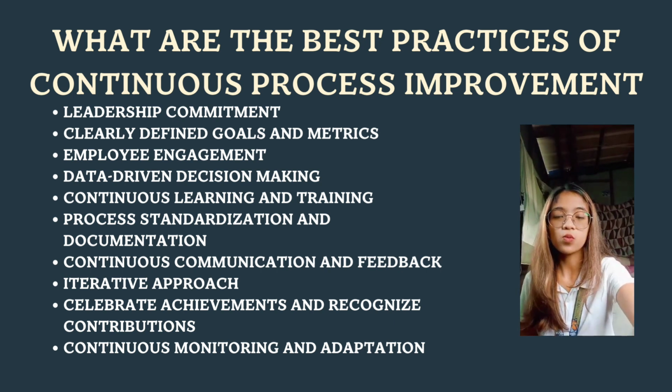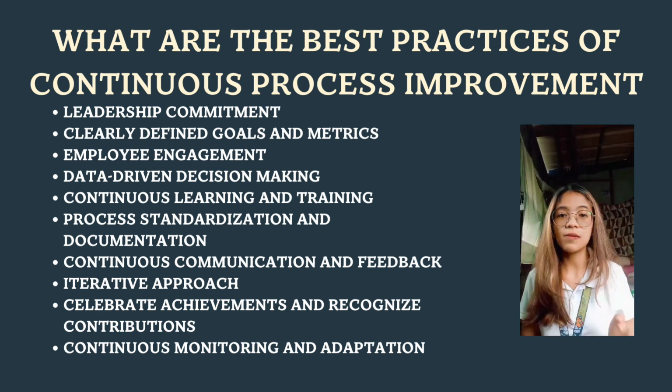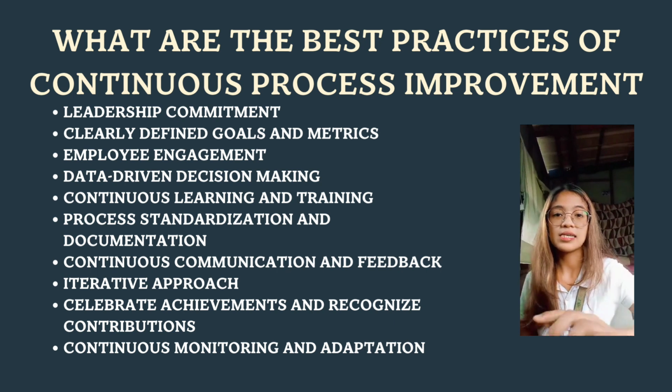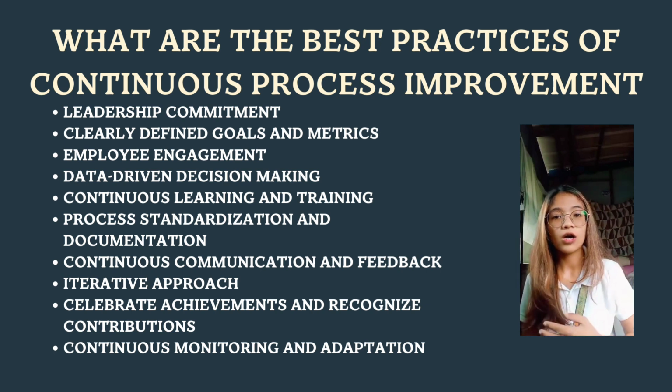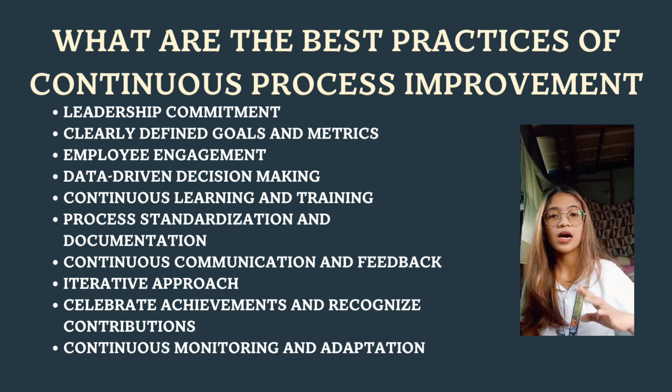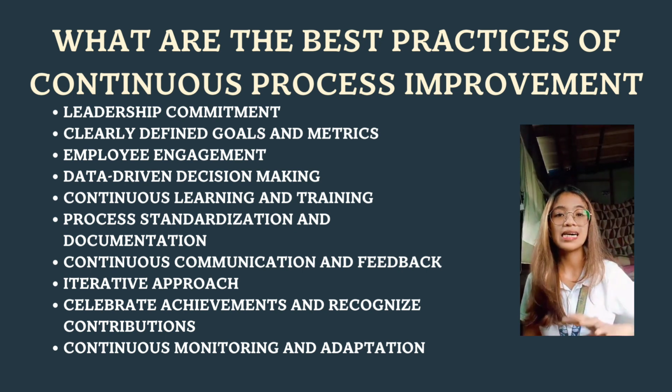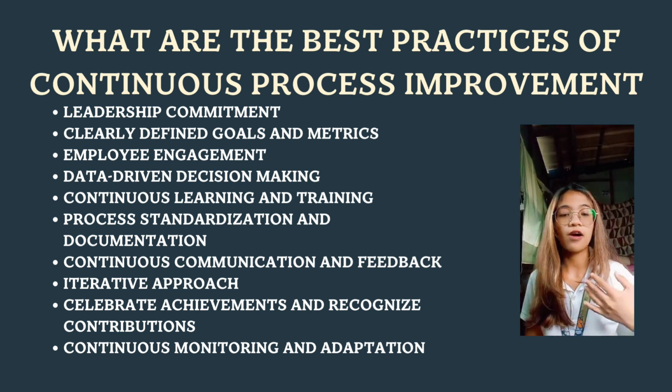The eighth one is the iterative approach. Embrace an iterative approach to improvement. Break down improvement initiatives into manageable phases or iterations. Implement changes, monitor their impact, gather feedback, and make further adjustments based on the results. This iterative approach allows for continuous learning and refinement.